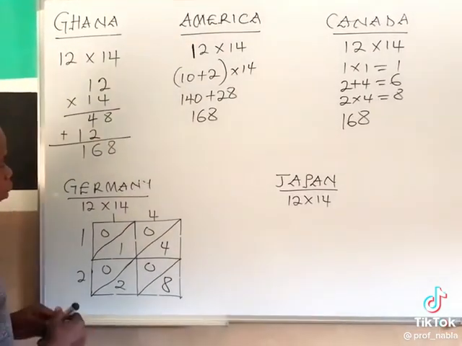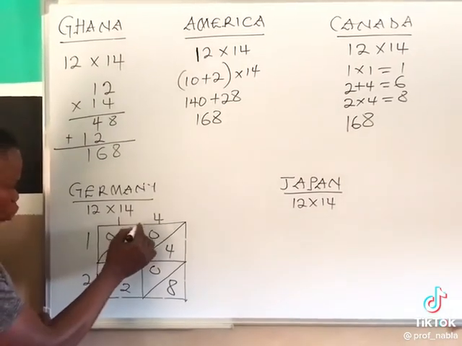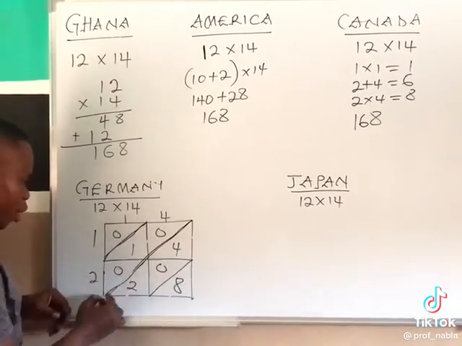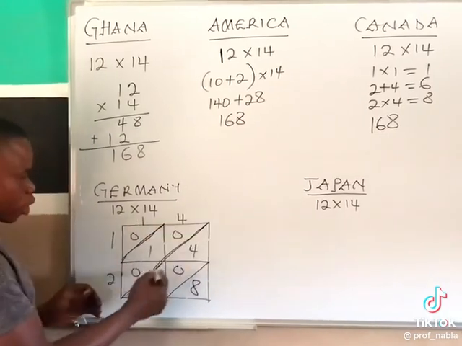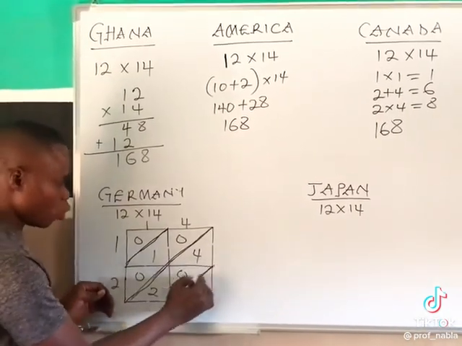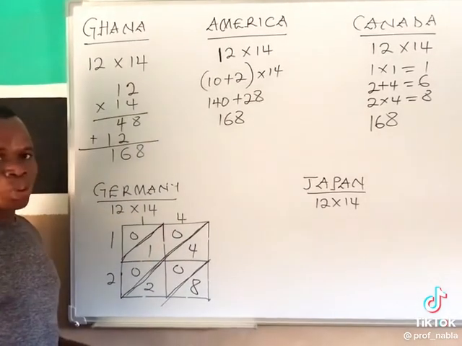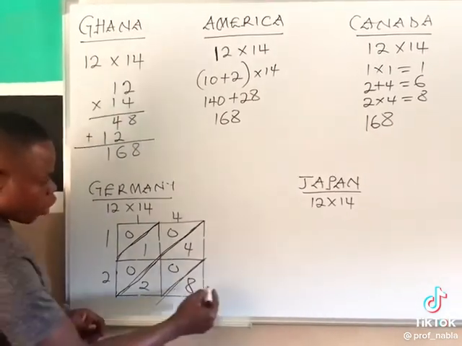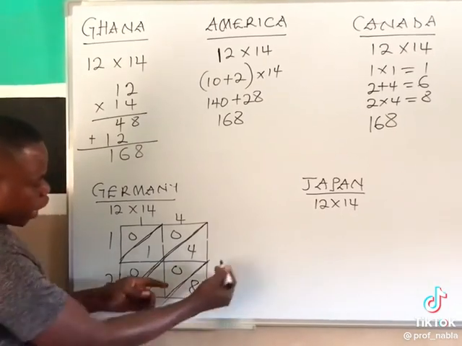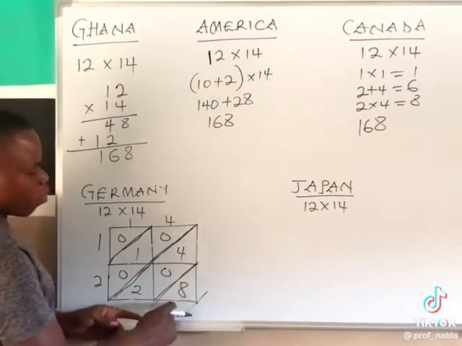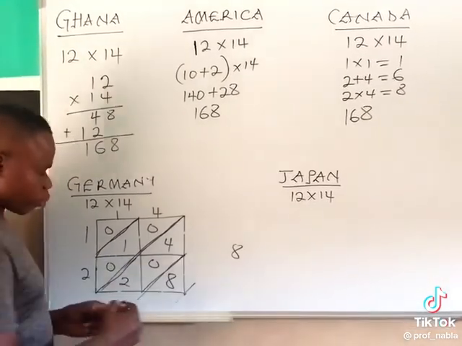Then you will see that all these numbers are in a path. Here too, these numbers are also in a path. The numbers that are in the path, you add all of them together. If you check this particular place, I have only one number, which is 8. So I'll write that 8 down.